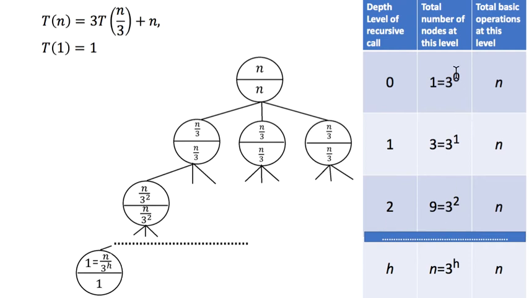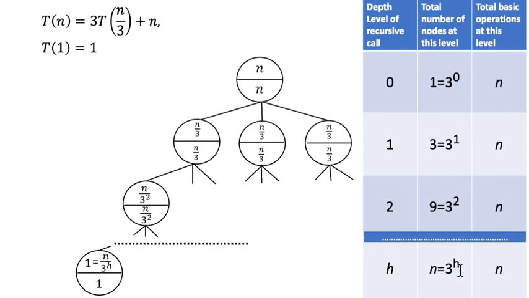We notice a pattern. 1 can be written as 3 to the 0, 3 as 3 to the 1, 9 as 3 to the 2. So we would guess that at the last level, which is level h, we will have 3 to the h nodes at this level.